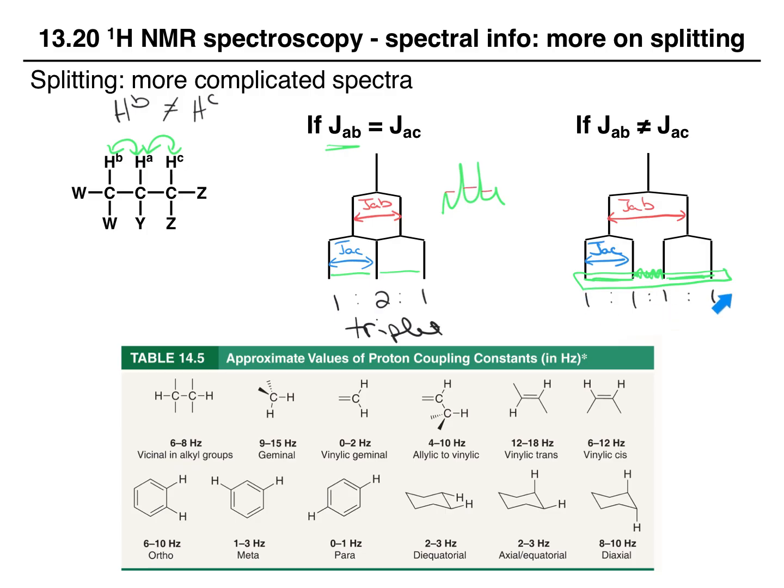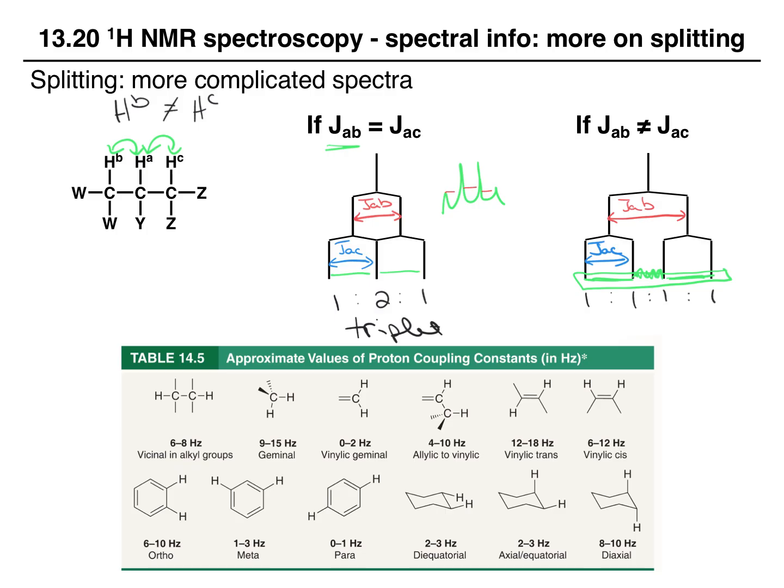So this does not give us a quartet. First of all, because it's 1 to 1 to 1 to 1, not 1 to 3 to 3 to 1. But it's also not a quartet because the spacings in between are not the same. This spacing will be the same as this spacing, but this is different.